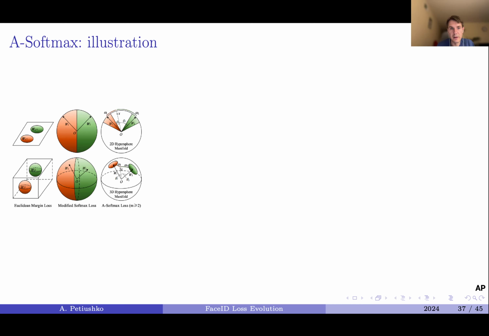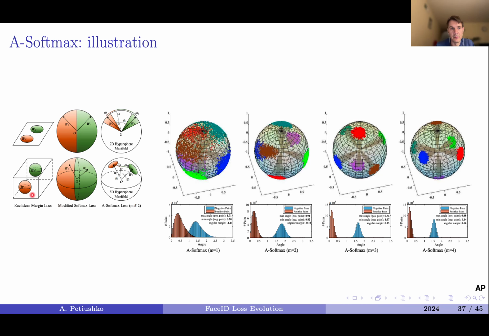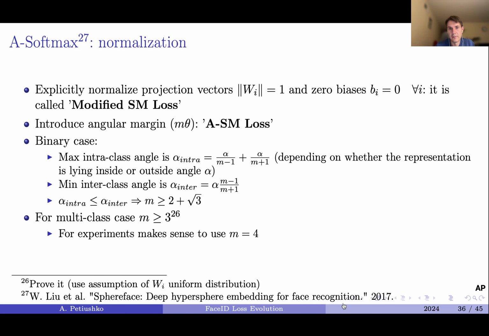In this illustration, this is the usual margin loss. This is the modified softmax loss, when you just normalize and remove the bias term. This is the L-softmax loss, when we have m as a multiplying factor for theta. And this is the A-softmax when we have both.